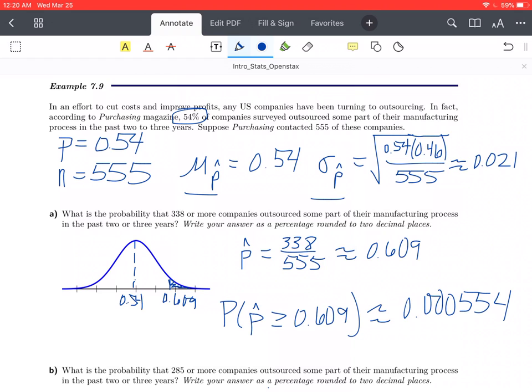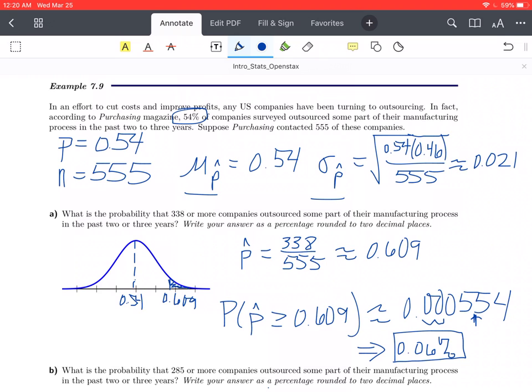Now, converting this to a percentage means multiplying it by 100. So we would move the decimal place twice. And then rounding that to 2 decimal places means cutting it off there. So that's going to be 0.06 percent.